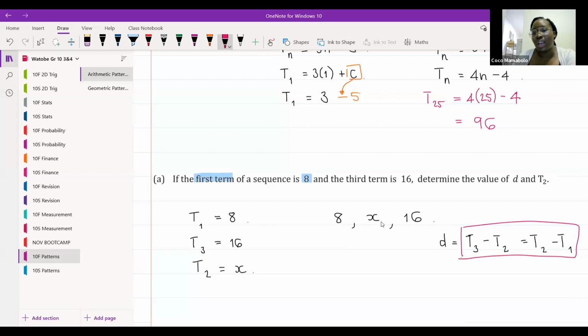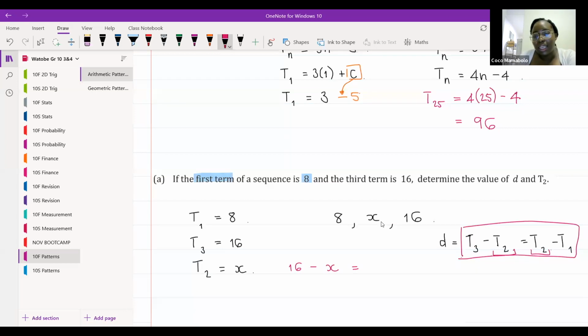I'm going to ask you guys again, what is T3? What is the value for T3 in this particular sequence? Correct, it's 16. So I'm going to start with 16. I'm going to go 16 minus T2. What is T2? X, good. 16 minus X is going to equal, what is T2?